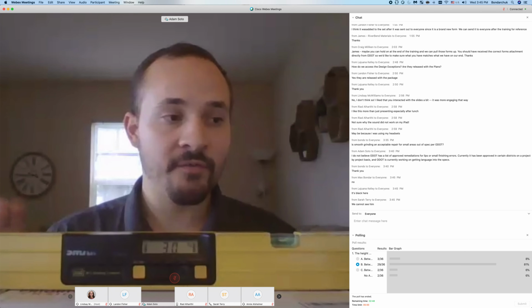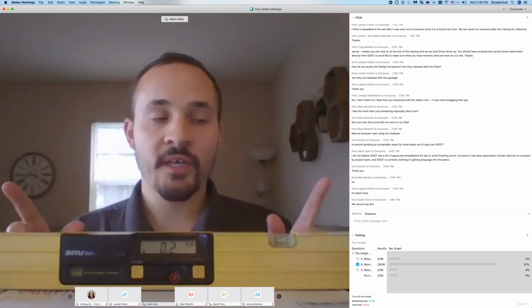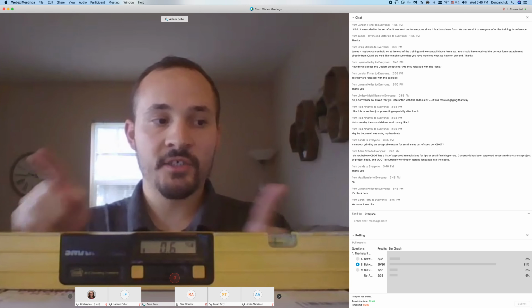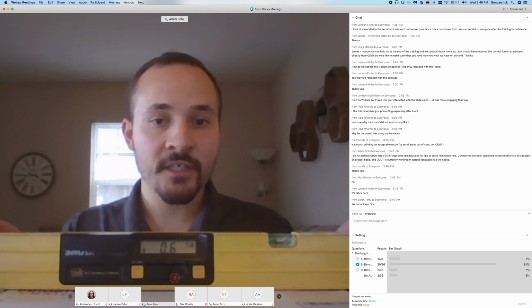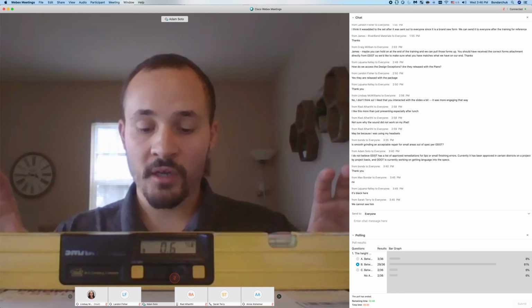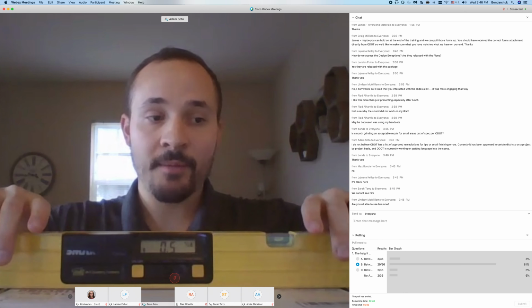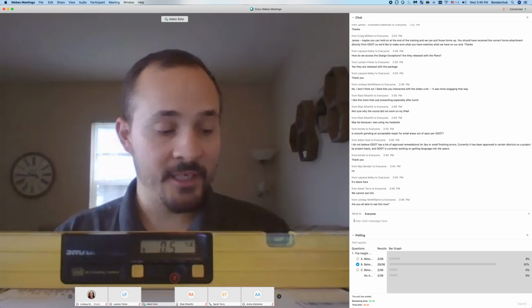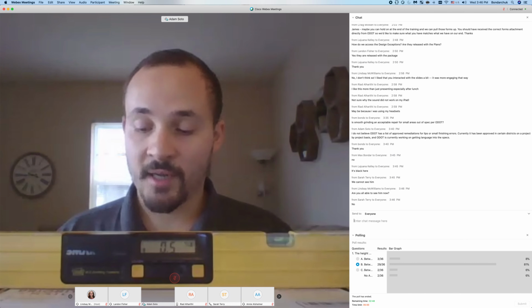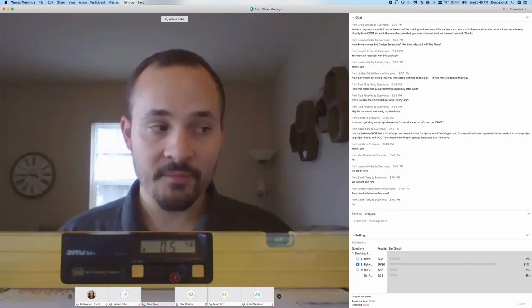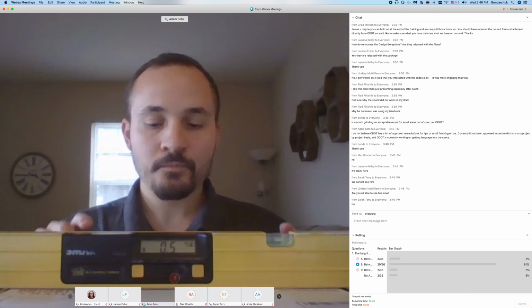When we're calibrating levels in the field, what the level is doing is comparing two measurements and taking the average. The most important part of the level calibration is to get it back in the same spot every time. So I'm going to line it up with the edge of the box and make sure that I'm getting it back to that same spot every movement.